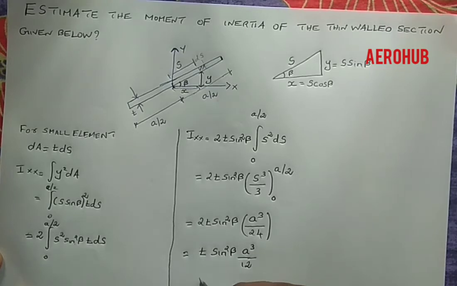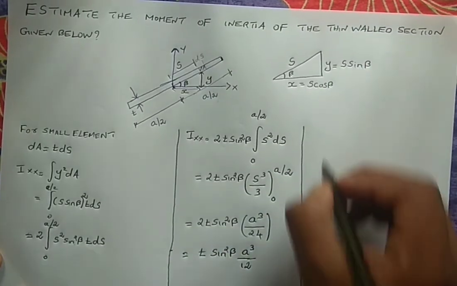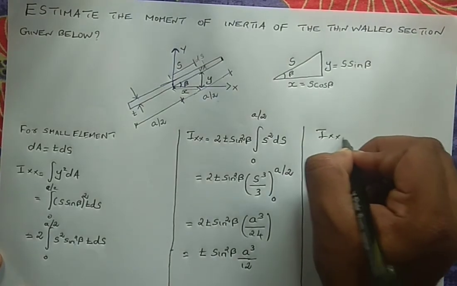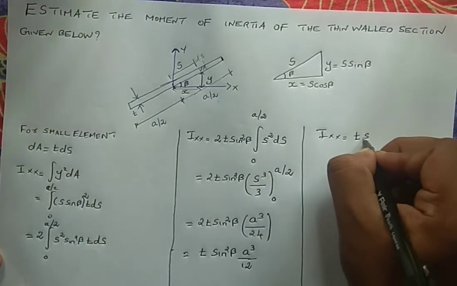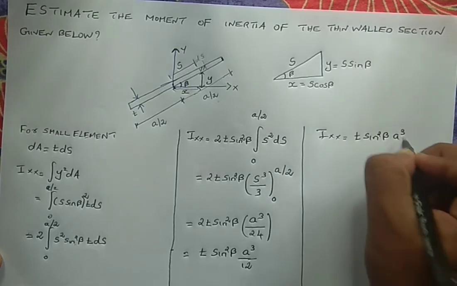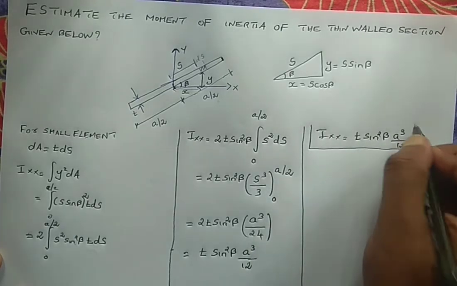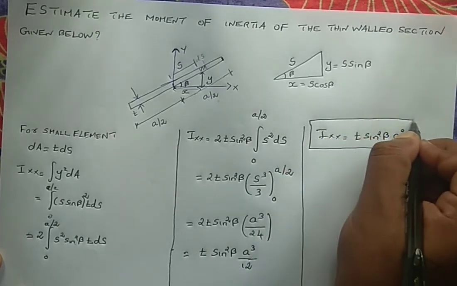This is the answer for Ixx: Ixx is equal to T sine square beta into a cube by 12. I think you understood the steps.